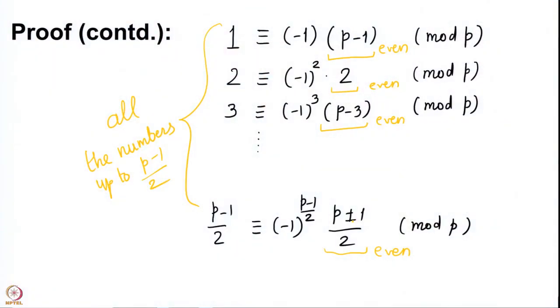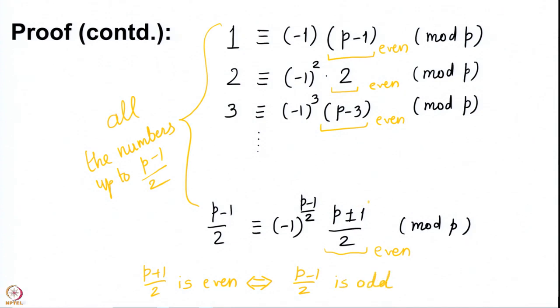So, if (p plus 1)/2 is even, then (p minus 1)/2 will have to be an odd number because it is 1 less than (p plus 1)/2, and therefore, here you would get minus 1. So, observe that (p plus 1)/2 is even if and only if, a very simple statement, (p minus 1)/2 is odd.